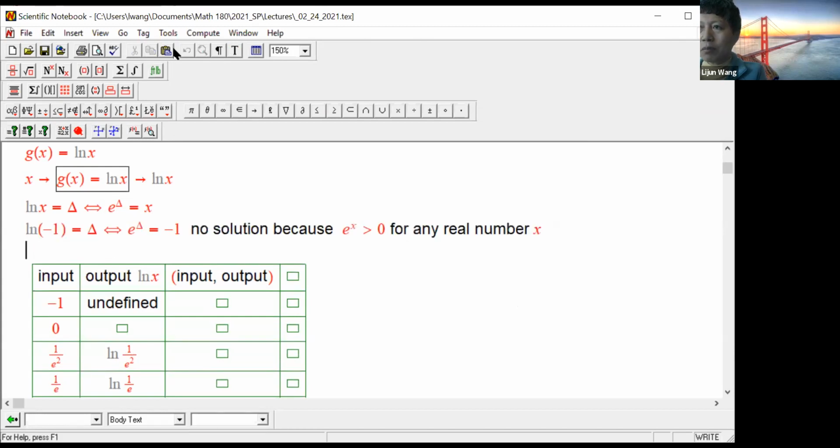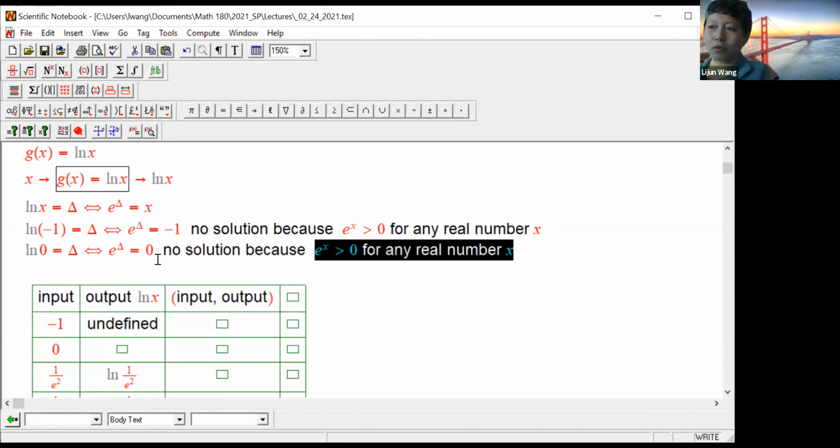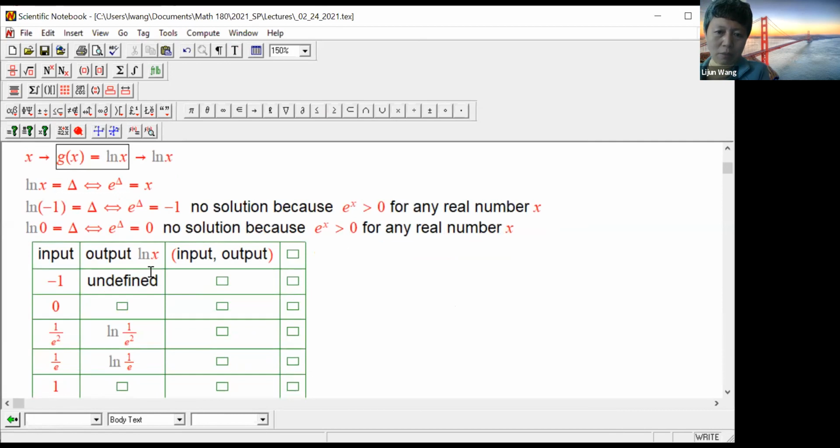If you give the input 0, you need e to the power of something to equal 0. But e to the power of something is always positive. Therefore, you never have a solution. It will never happen, not in a million years. As a result, 0 cannot be in the domain because it doesn't have a unique output.